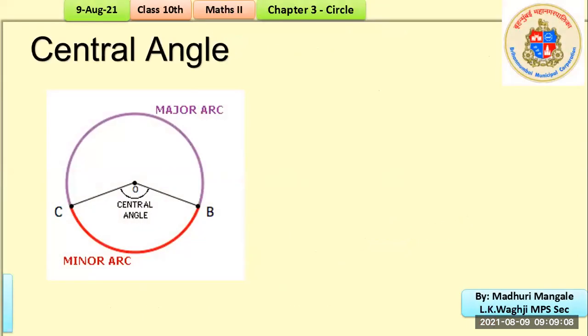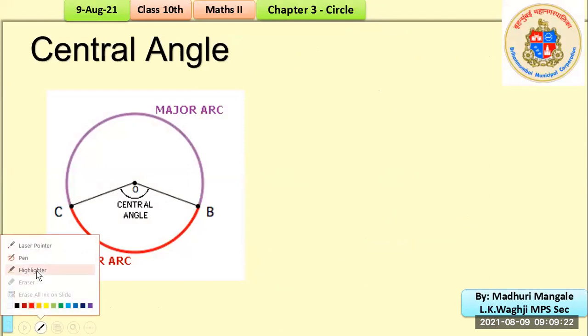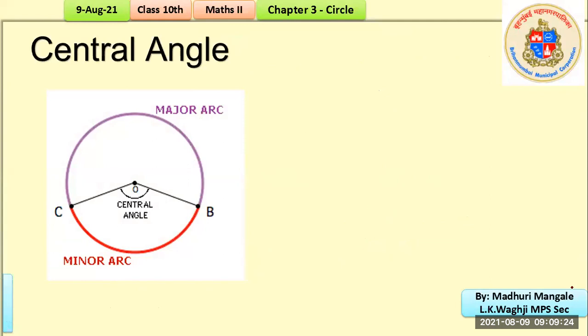Next concept that we see today is the central angle. Any angle which is made using the center of the circle is called a central angle. So it can be drawn anyhow. Let me draw one and show. You can see one angle is already here, and the center is used, right?